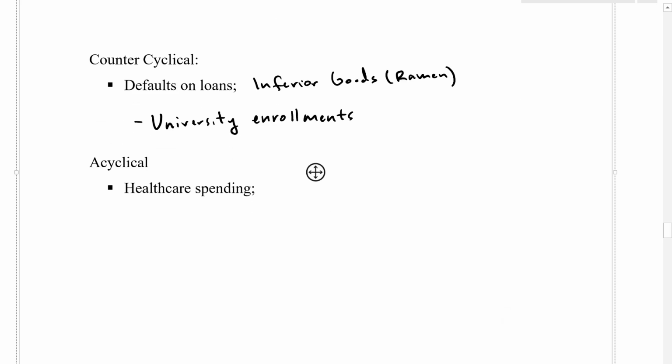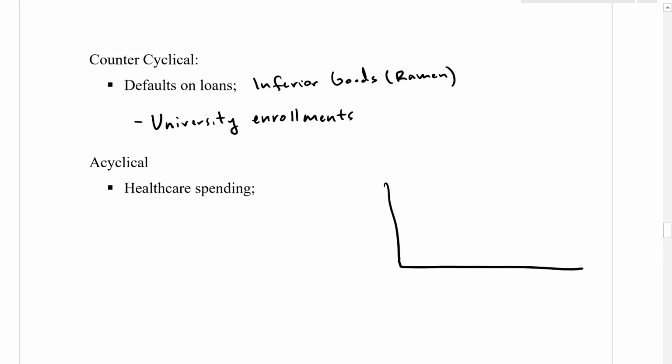And then a last category of examples is acyclical relationships. GDP goes up, GDP goes down, up, down, and so on. But some things have no relationship to GDP. Healthcare spending, for example. If this one is GDP, this one might be healthcare spending, because when people need healthcare, they need healthcare.